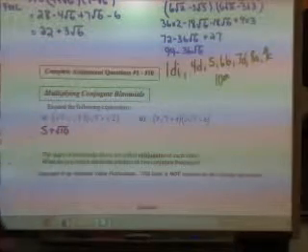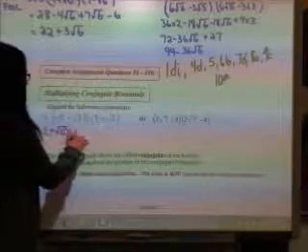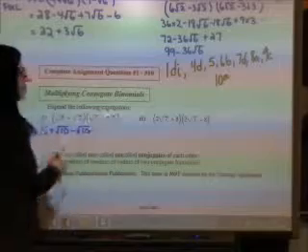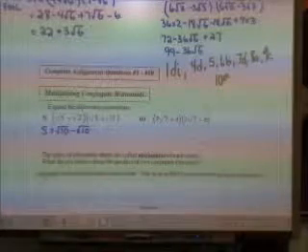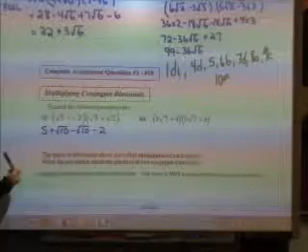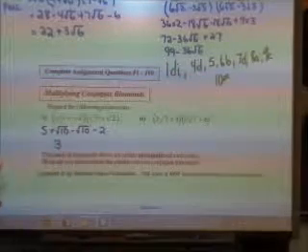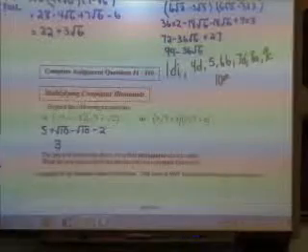Negative root 2 times root 5, negative root 10. And negative root 2 times root 2, negative 2. So I get 5 minus 2, which is 3. And what happens to my root 10s? They cancel out. They equal 0.